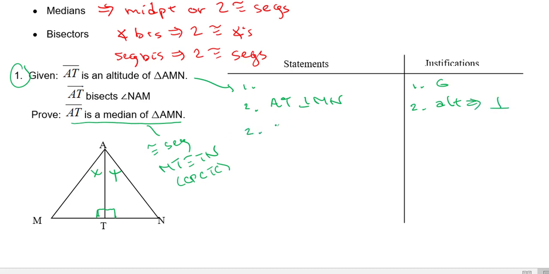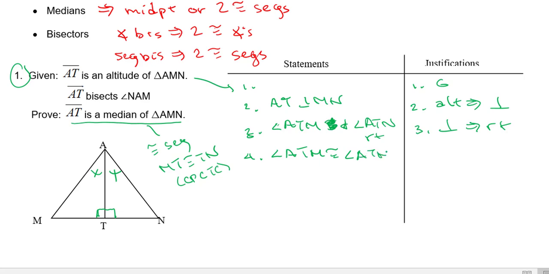Step 3, I'm going to go ahead and say right angles. Sorry, I need to say the right angles first: angle ATM and angle ATN are right angles. And if perpendicular, then right. Now I'm going to prove the triangles congruent, so I need those angles to be congruent to each other. So angle ATM is congruent to angle ATN, because right angles are congruent.